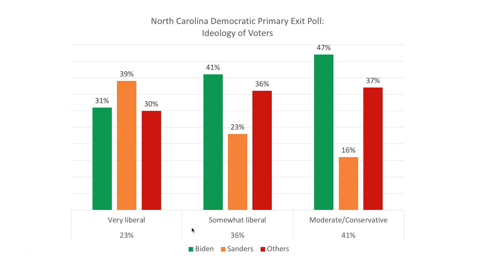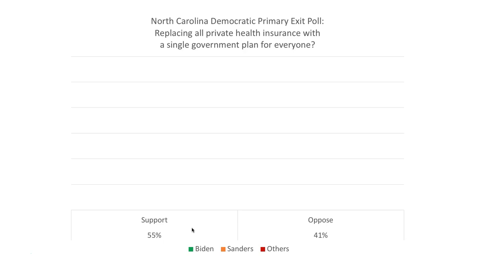Another key question on the exit poll was, should we replace all private health insurance with a single government plan for everyone? This has been one of the key debates within the Democratic Party, as Bernie Sanders has been advocating for basically Medicare for all, government insurance for health care for all, whereas Joe Biden has taken a more, shall we say, center-left approach.